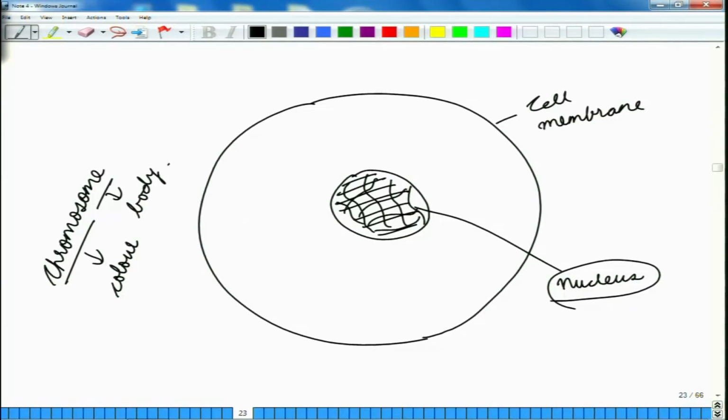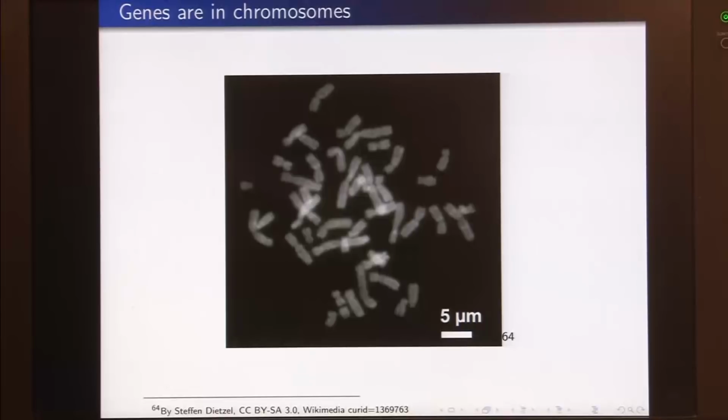So it is a body that has some color. So basically if we take a cell that is dividing and we break that cell, we will get to the nucleus, we break the nucleus again, and in that case we will be able to see the chromosomes.